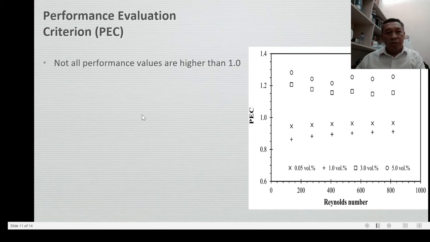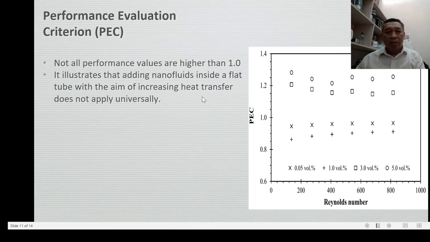To determine the performance of nanofluids in the flat tube radiator, we calculate the performance evaluation criterion. It's clear in this picture that not all performance values are higher than 1.0. It means that adding nanofluids inside a flat tube with the aim of increasing heat transfer does not apply universally.